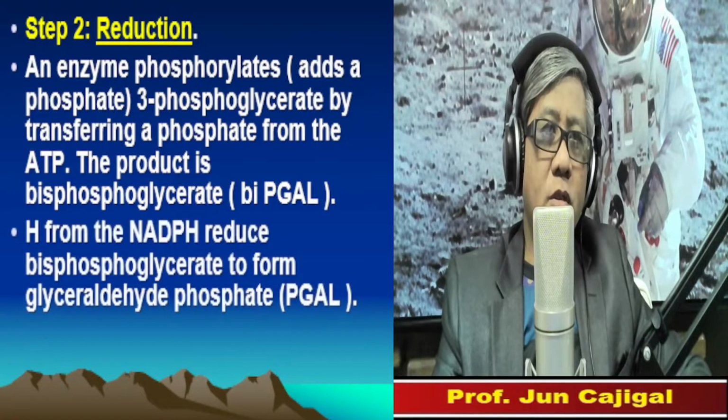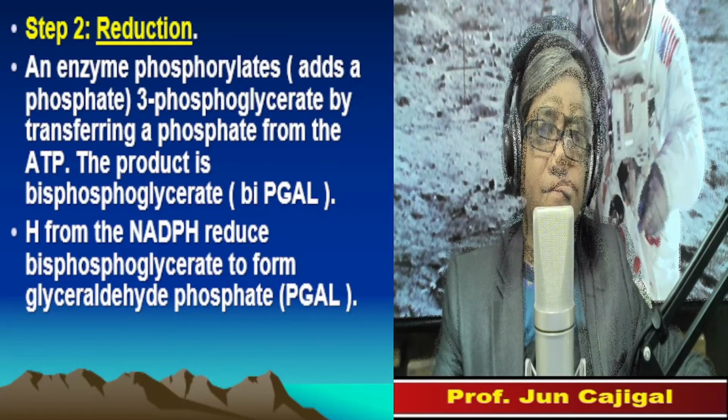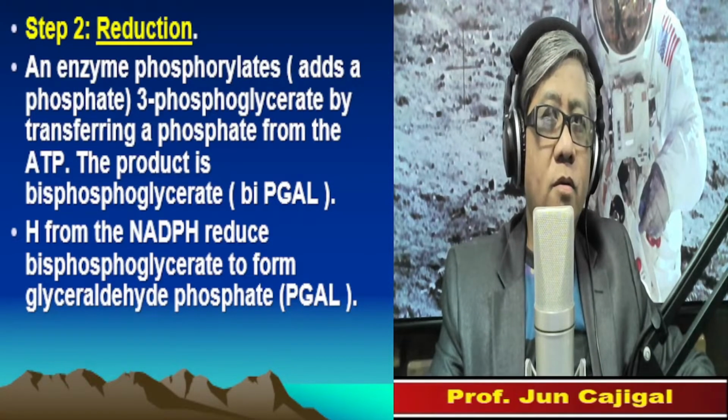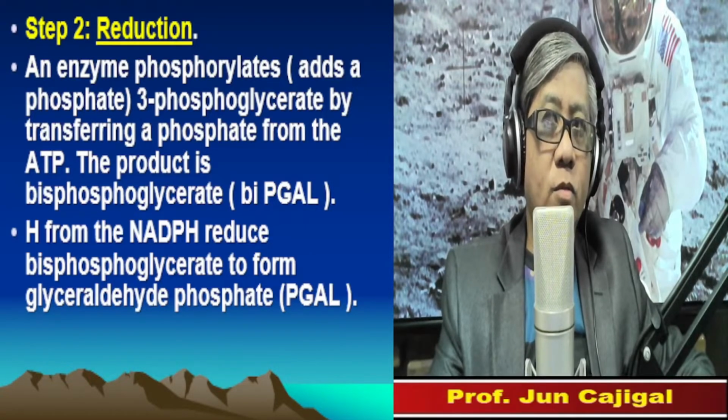Then the hydrogen from NADPH reduces bi-PGAL to form PGAL. So NADPH is oxidized while bi-PGAL is reduced to form PGAL. So that's what happens in step 2 or reduction. I hope everything is clear about reduction, which is step number 2.